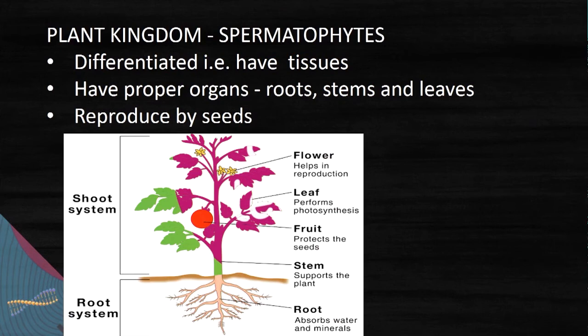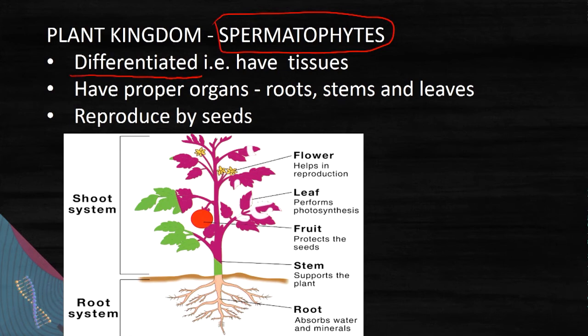The next group we're looking at, these guys are good, because they've got a much, much better way of reproducing, and those are the spermatophytes or seed plants. First of all, they are differentiated. In grade 10, you would have looked at the anatomy of plant roots, stems, and leaves, and it's the spermatophytes, or the seed-bearing plants, that have the roots, stems, and leaves that you looked at in grade 10.